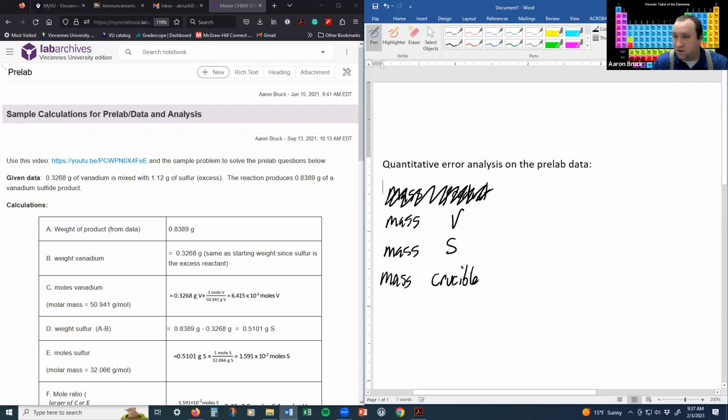The mass of the crucible is important to that, because when it comes to the setting up of this, how did I get this? I got this when I took the mass of the vanadium plus crucible minus the mass of the crucible. So I had two readings going into the calculation of this value.